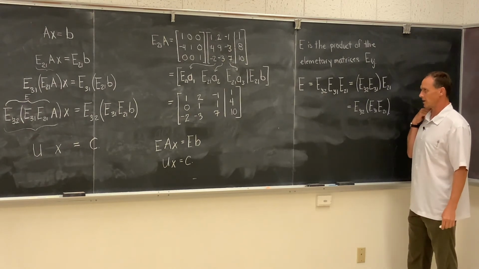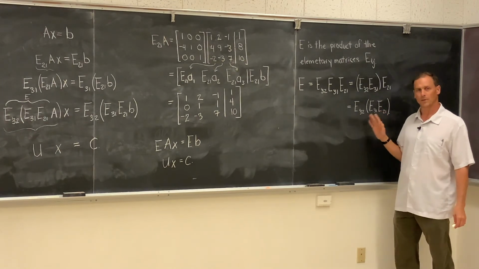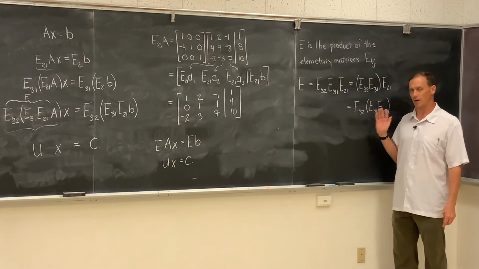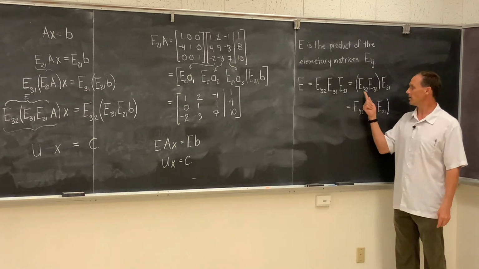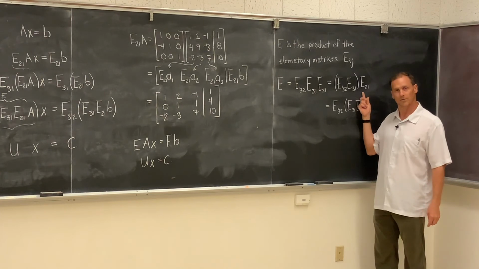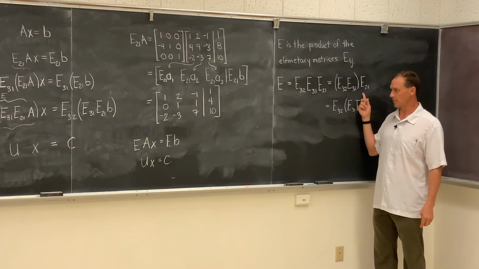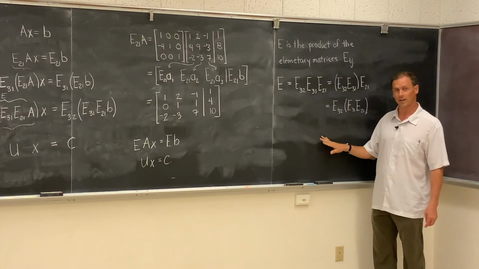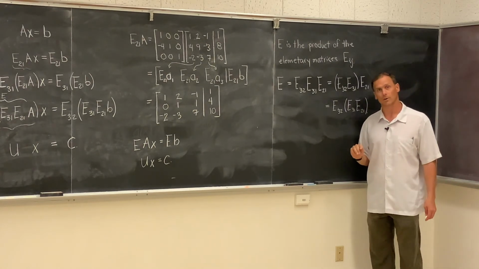So what I'd like you to do is take a moment. I'd like you to stop the video, and I would like you to find this product. Find this product, okay? Stop the video. While you're thinking and pausing, I'm going to write down that result, and then we're going to show you how it works.